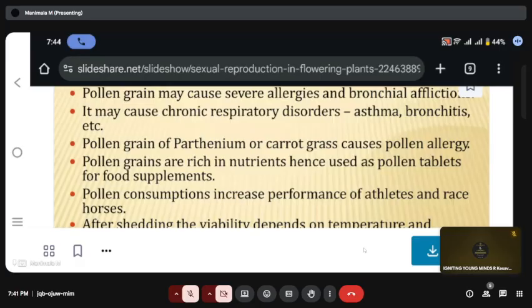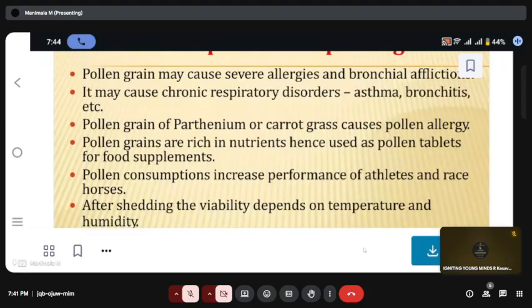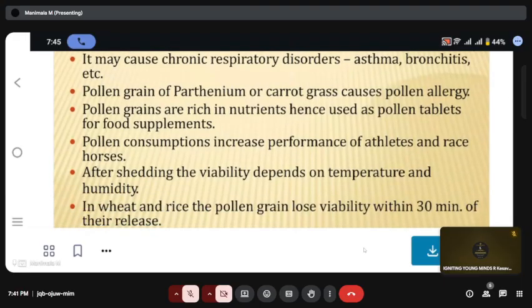It is a good food supplement for us. When athletes and race horses take this pollen, their performance and speed increase. So this is one of the good economic advantages of pollen grains.